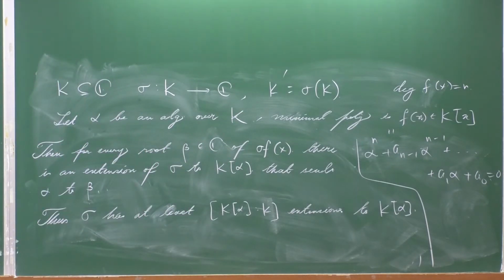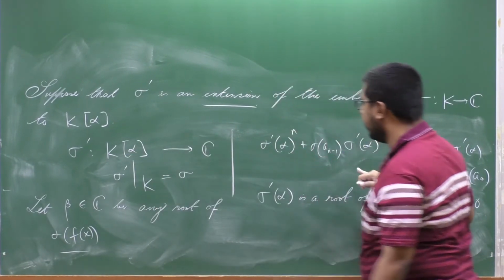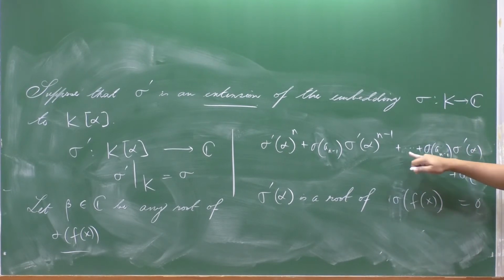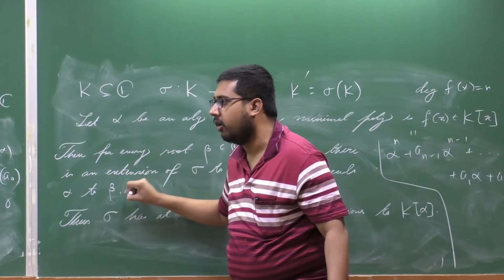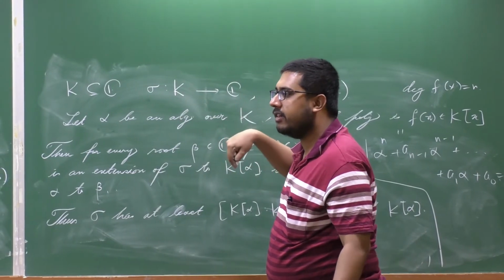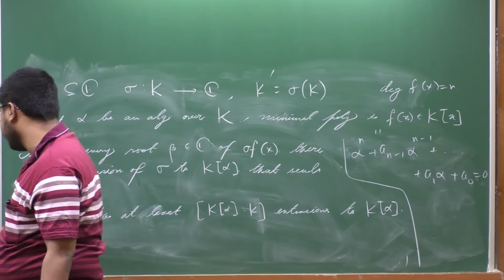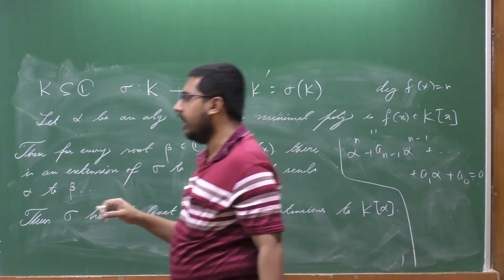Right. And furthermore, what we have observed here is that if sigma prime is an extension, then sigma prime must send alpha to some beta, where beta is a root of sigma f. So earlier we saw that sending alpha to all these betas, we have n such extensions, and any such extension must send alpha to a beta.